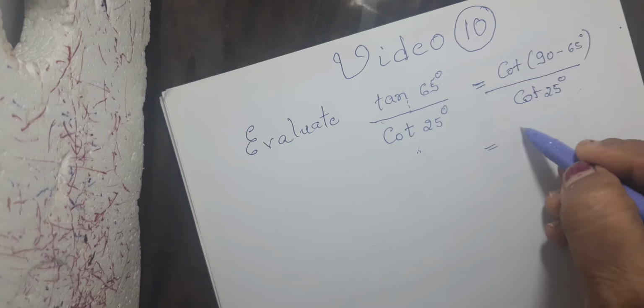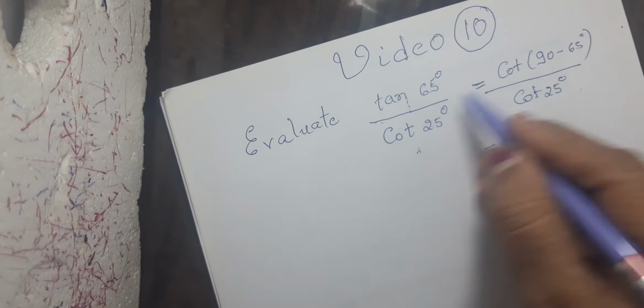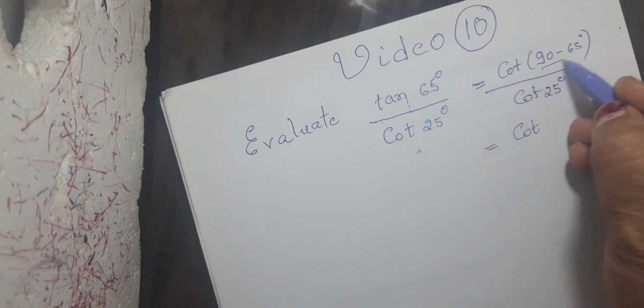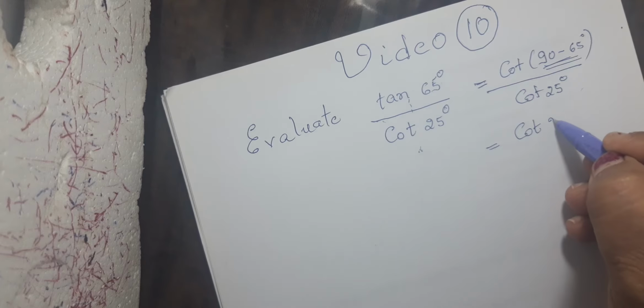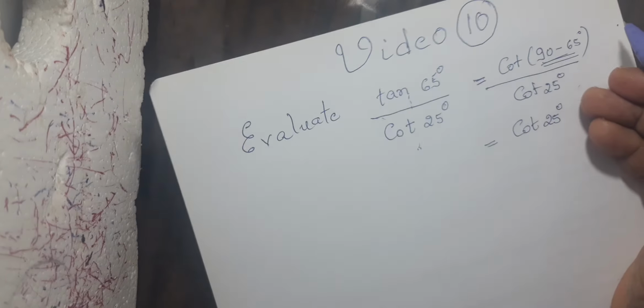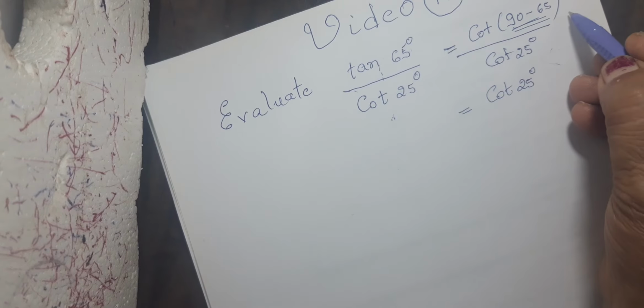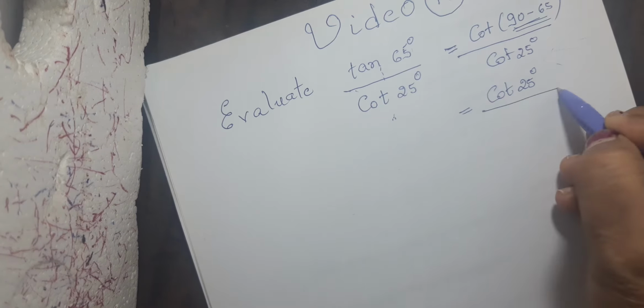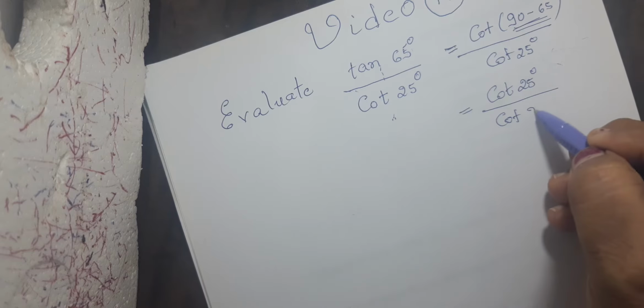Now this is equal to cot of 90 minus 65, we have changed it. What is 90 minus 65? It is 25. So cot of 90 minus 65 is cot 25, and in the denominator we already have cot 25.